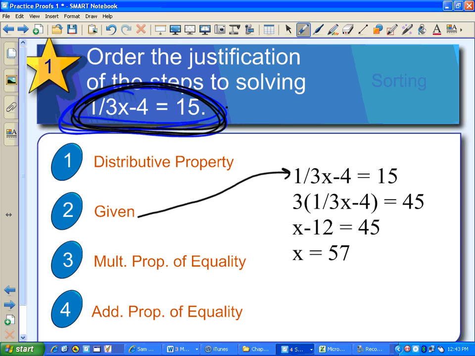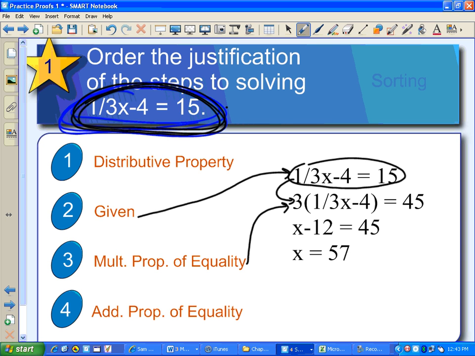Next, I need to look at what changed from this first statement. What did I do to this statement to get here? Well, 15 went up to 45, which means it multiplied by 3. This side has also been multiplied by 3, so I multiplied an equal amount to both sides of an equation. That's the multiplication property of equality.